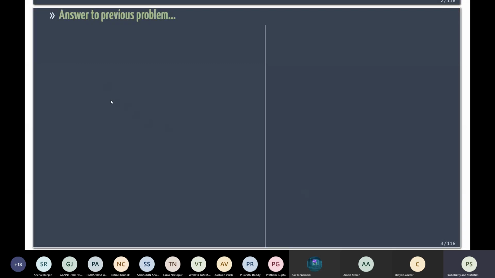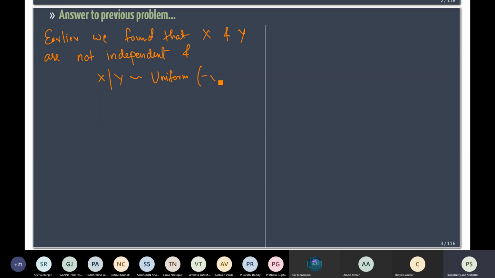Earlier, we found that x given y is uniform, from minus square root of 1 minus y squared to square root of 1 minus y squared.